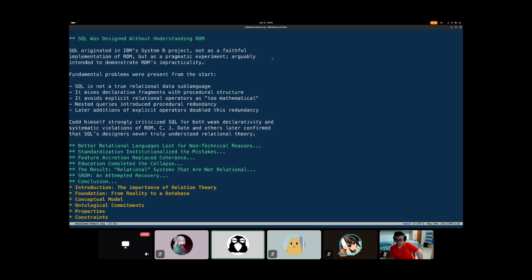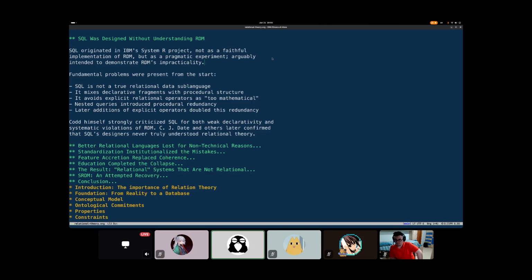That was going to be an actual embedded data sublanguage, kind of like what's the name of the Datomic one? Datalog. Yes, kind of like Datalog tries to be, an embedded data sublanguage that works exclusively with the relational context. It mixes declarative fragments with procedural structure.